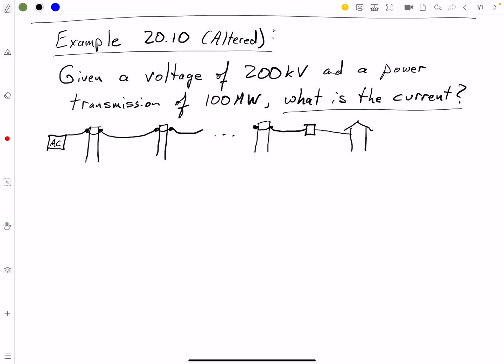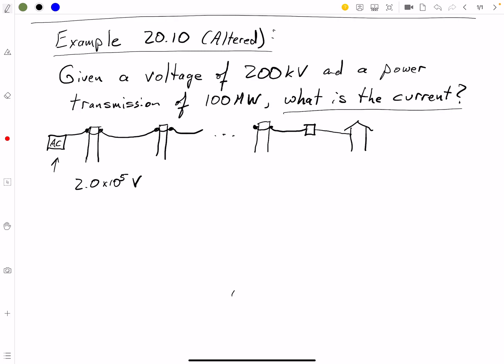Okay, so given a voltage of 200,000 volts, 2 times 10 to the 5 volts, that's the voltage that we're supplying here at the beginning.